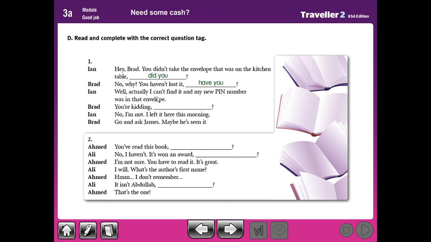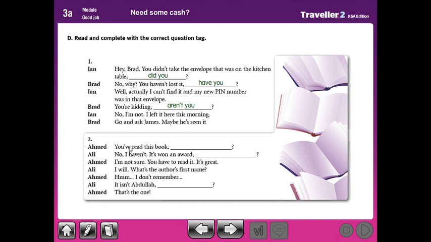Well, actually, I can't find it, and my new PIN number was in that envelope. You're kidding. Here we have are in positive, so we change it into negative: aren't you? No, I am not. I left it here this morning. Go and ask James. Maybe he's seen it.